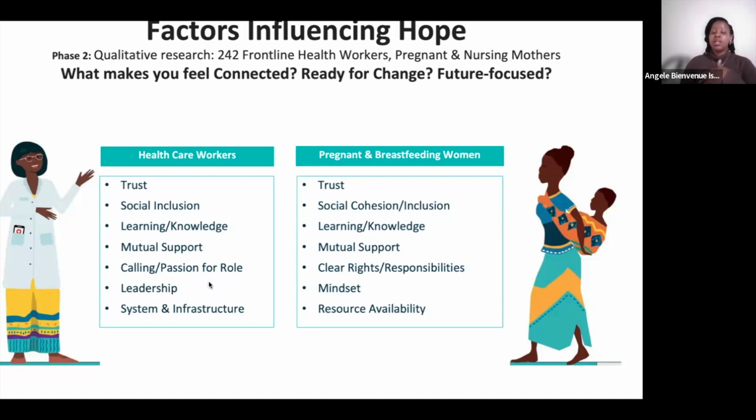On the part of healthcare providers, trust, learning, and passion for their work were stated as barriers and facilitators for their hope. On the part of care recipients, trust, social cohesion, learning, and many other factors were stated as themes that are barriers and also facilitators to their hope. Though these have similar names, they are defined differently from the perspective of the care provider and the care recipient.